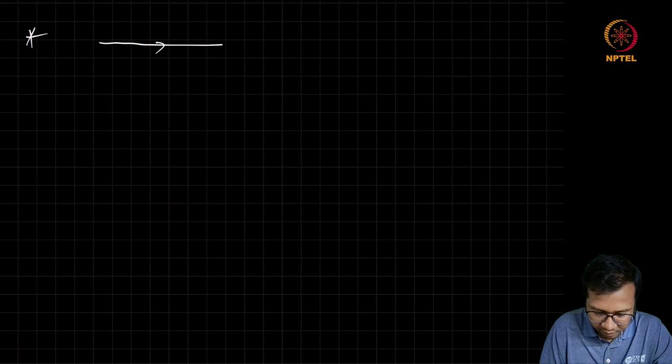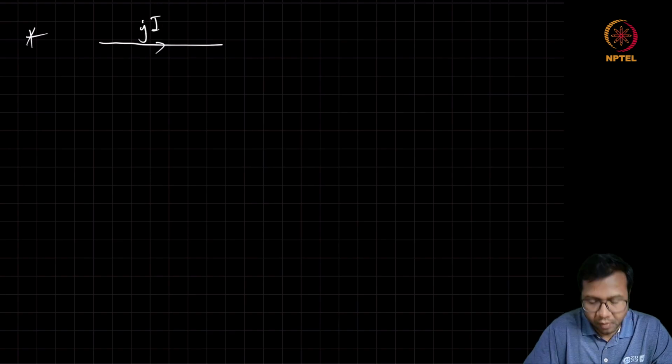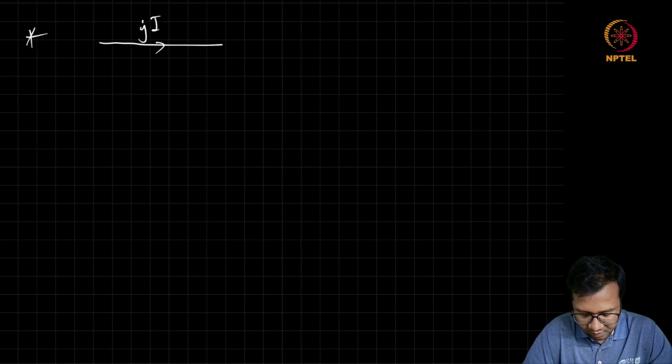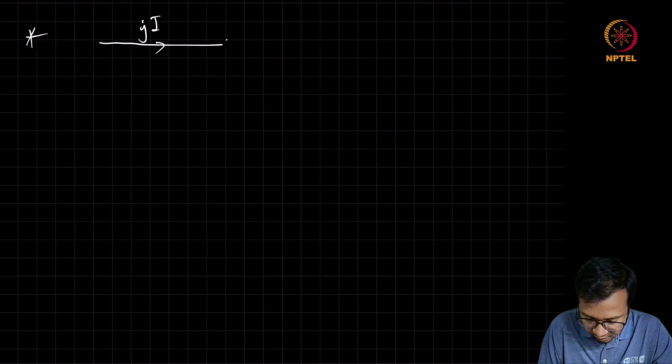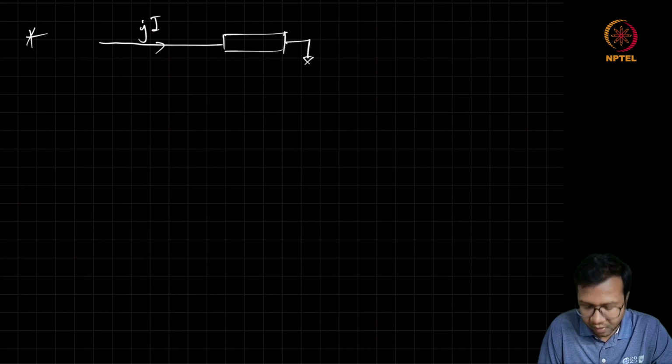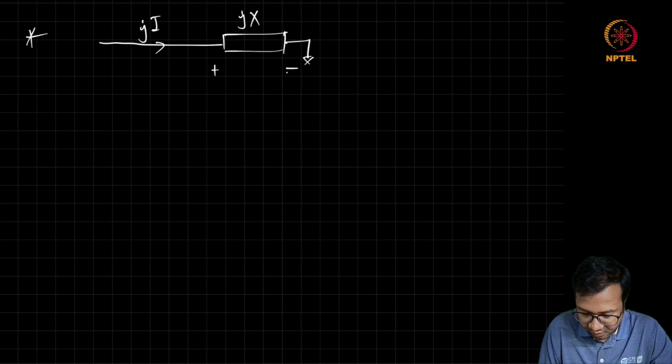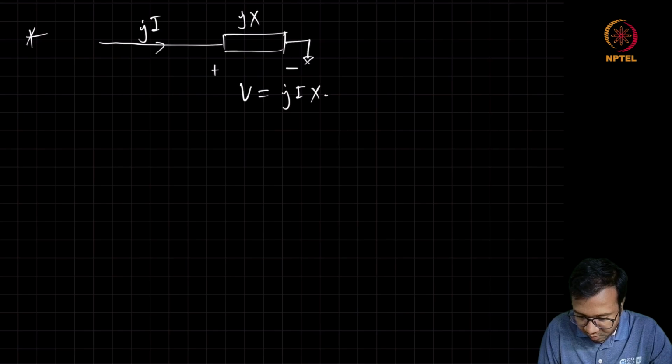So let's say we have a purely imaginary current like this, and we force this current to flow through another impedance which is also purely imaginary, some kind of jX. And when this happens, we can easily see that the voltage drop V is going to be equal to jI into jX.